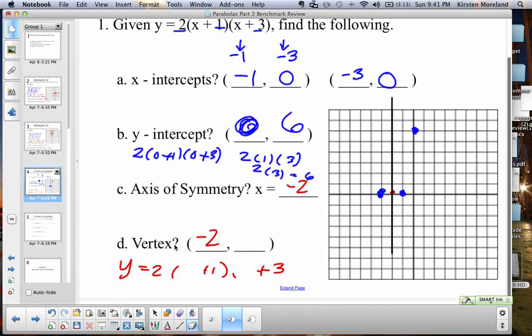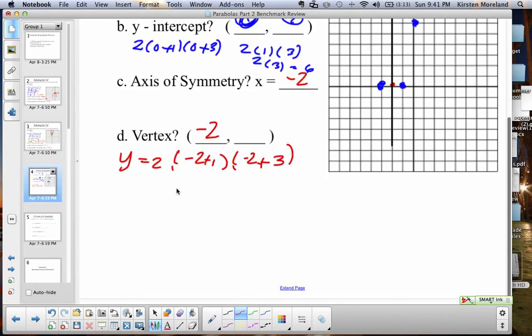So I'm going to replace x with -2. It's -2 plus 1 and -2 plus 3. So I'm going to solve. It's 2 times -2 plus 1 is -1, -2 plus 3 is +1. 2 times -1 is -2, times 1 gives me -2. So the vertex is at -2, -2.